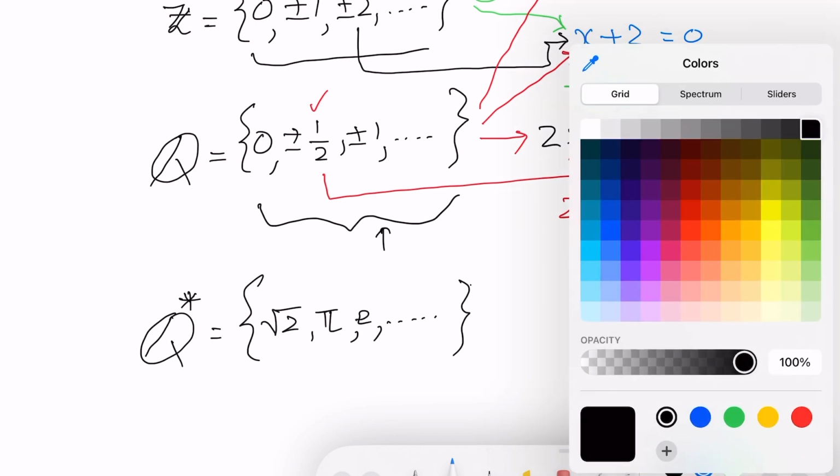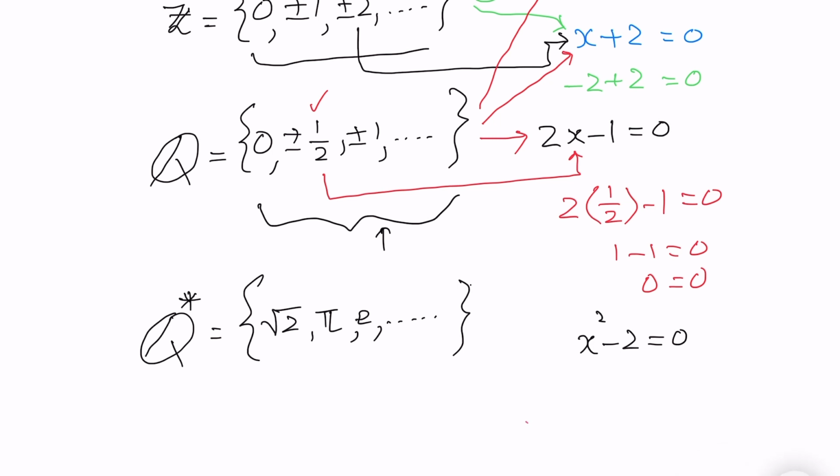Okay, red. This guy, if we plug in here, this is root 2 squared minus 2, which is equal to 0. So this is actually 2 minus 2 equal to 0. So 0 is equal to 0. Well, it's working. It means that we can answer these questions.